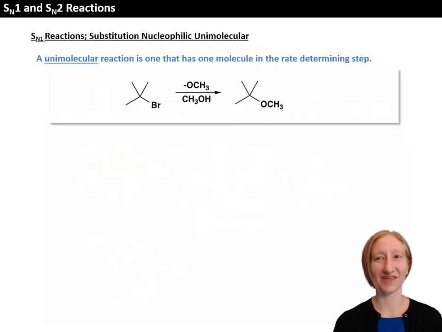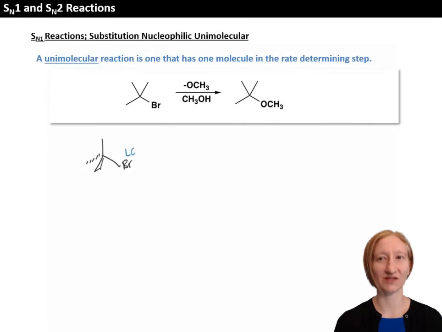Now let's look at the SN1 reaction, the unimolecular nucleophilic substitution reaction. Unimolecular here means that only one molecule participates in the rate determining step of the reaction. An SN1 reaction proceeds through two distinct reaction steps. Here I've just redrawn our starting material in a three-dimensional geometry so that we can more easily see what's happening.